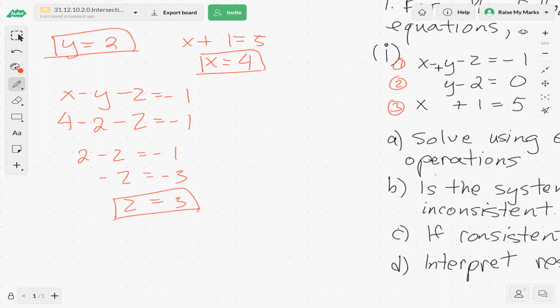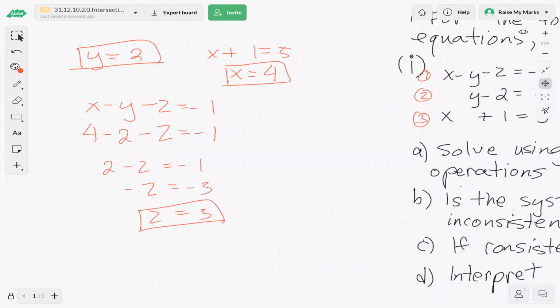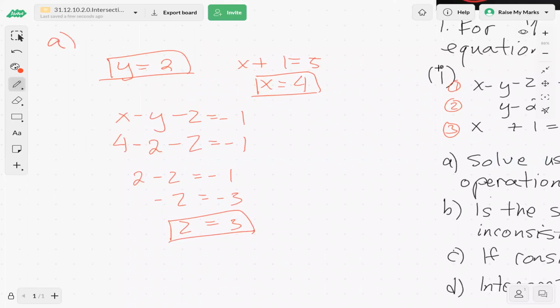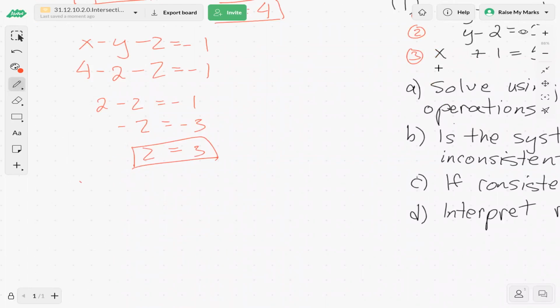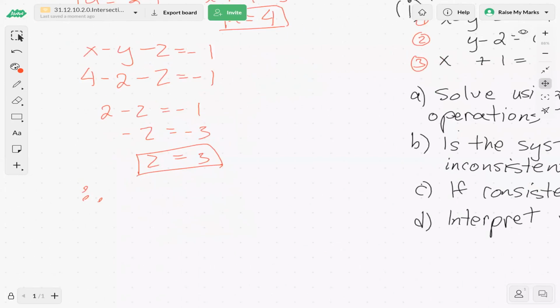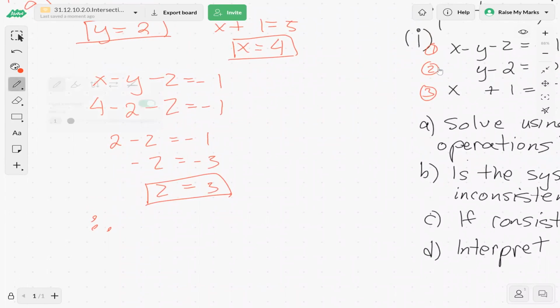Looks like we've solved. So it looks like we've done part A. Let's label that 1A. Therefore, we have the solution: 4, 2, 3 is our solution.